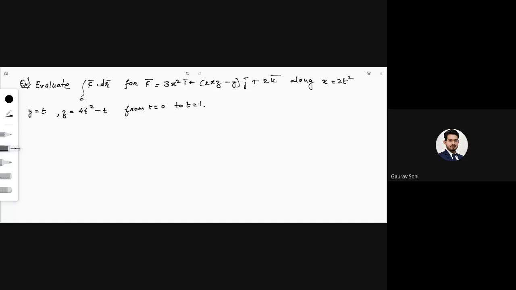Look, this is the easiest type of example that you can get. So you don't need to substitute. You're given the limits, you just need to replace dx, dy, dz.